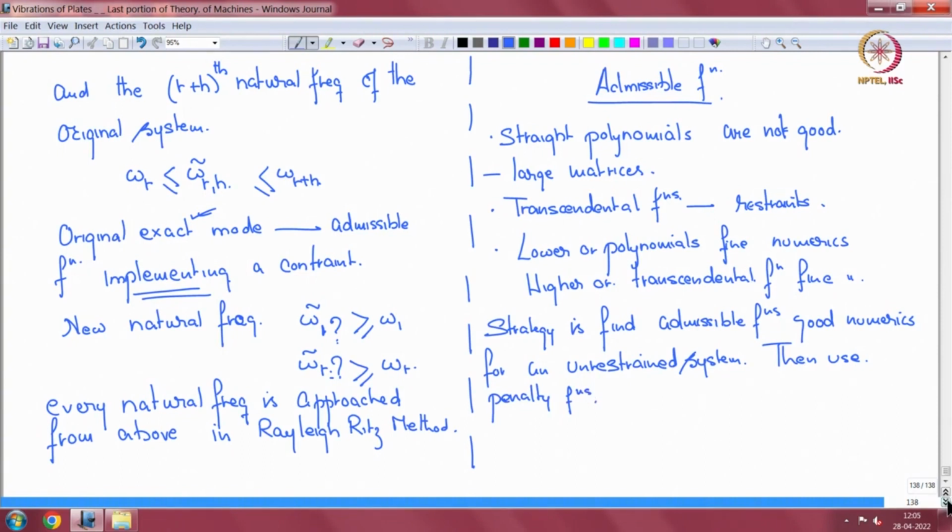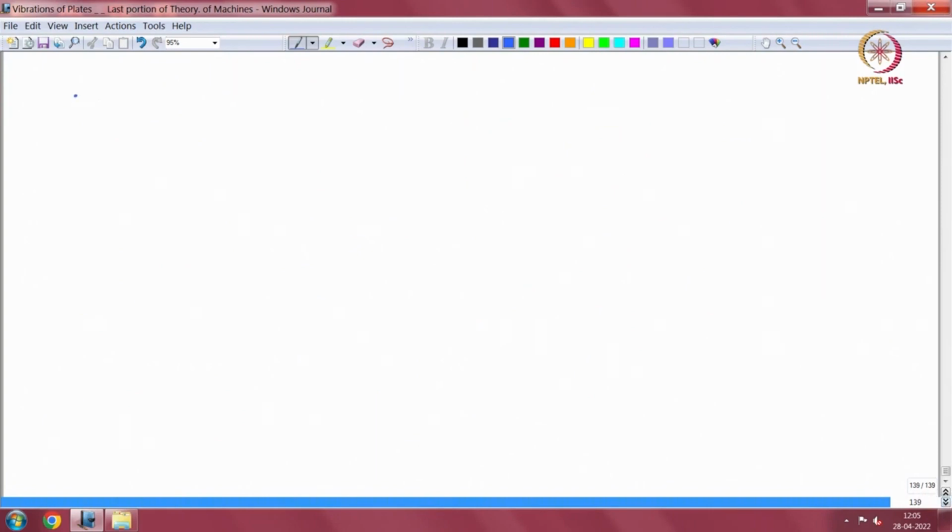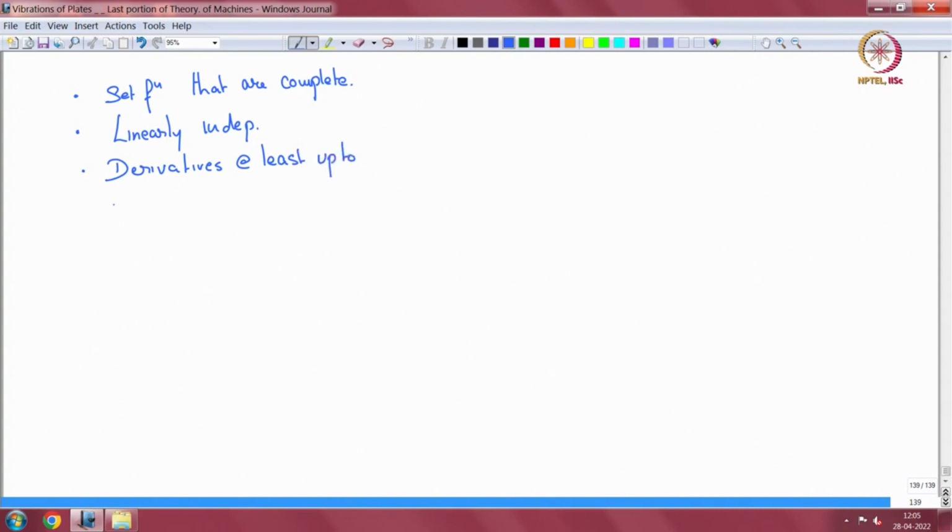In this regard, the authors present a set of functions that are complete, that means they are capable of representing every boundary condition, they are linearly independent, and they have derivatives at least till half the order of the PDE.